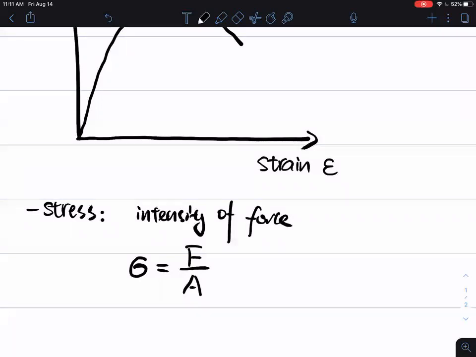Good knives can be very expensive, very sharp. Why do you want a sharp knife to cut vegetables? It's easy. If you have a very dull knife, you can still cut things, but you need more force, right? So that's what we're doing here. We're trying to decrease this area so that we can apply a smaller force to reach a large stress, if that makes sense.